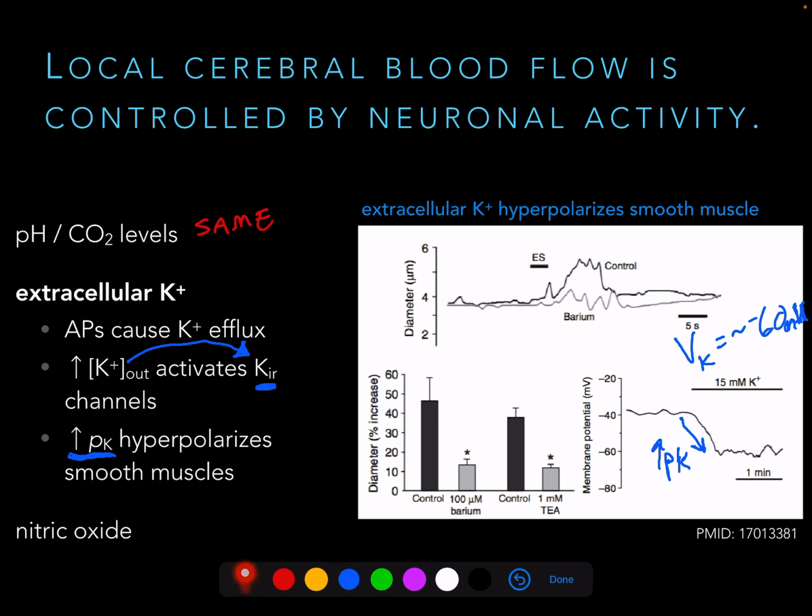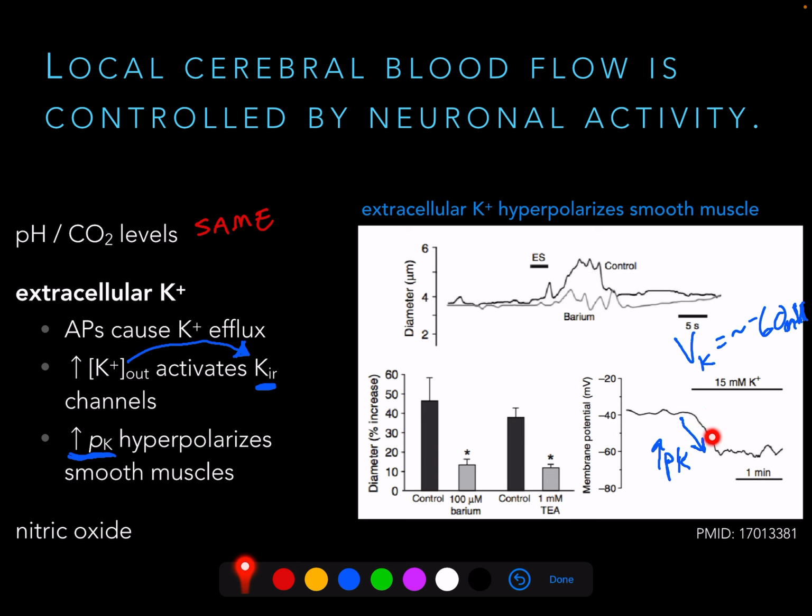So if we have a look at the data up here, ES means electrical stim. So they stimulate a little bit of brain tissue there, and they have a look at the diameter of blood vessels. Control, nothing has been done here. Do some electrical stim, and notice we vasodilate. Why?